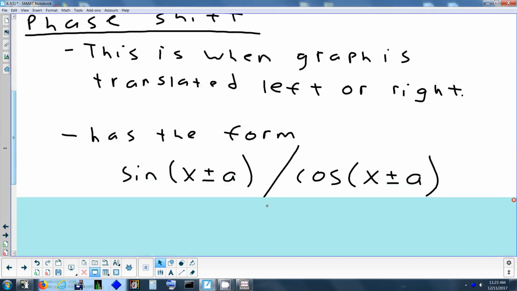So first of all, what does a phase shift look like as an equation? It's exactly the same as shifting left and right in every equation we've studied all year. It's when you add or subtract inside the function. There's a square root, that's a phase shift.